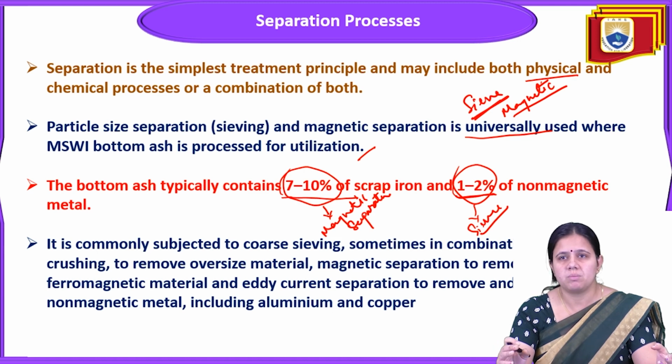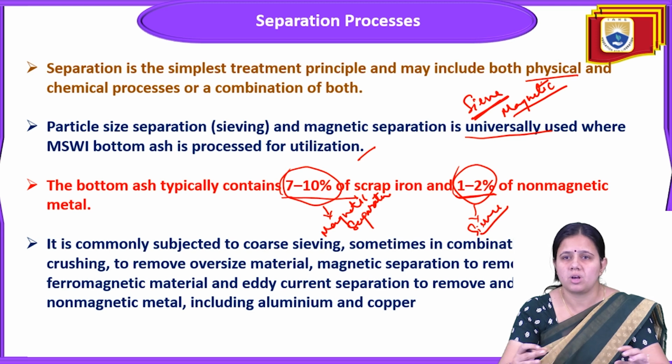This is the separation process followed for bottom ash, where sometimes a chemical process is followed, sometimes a physical process, and sometimes a mix of chemical and physical. Particle size separation is done by sieve, and magnetic separation is used for processing and utilization of the bottom ash.